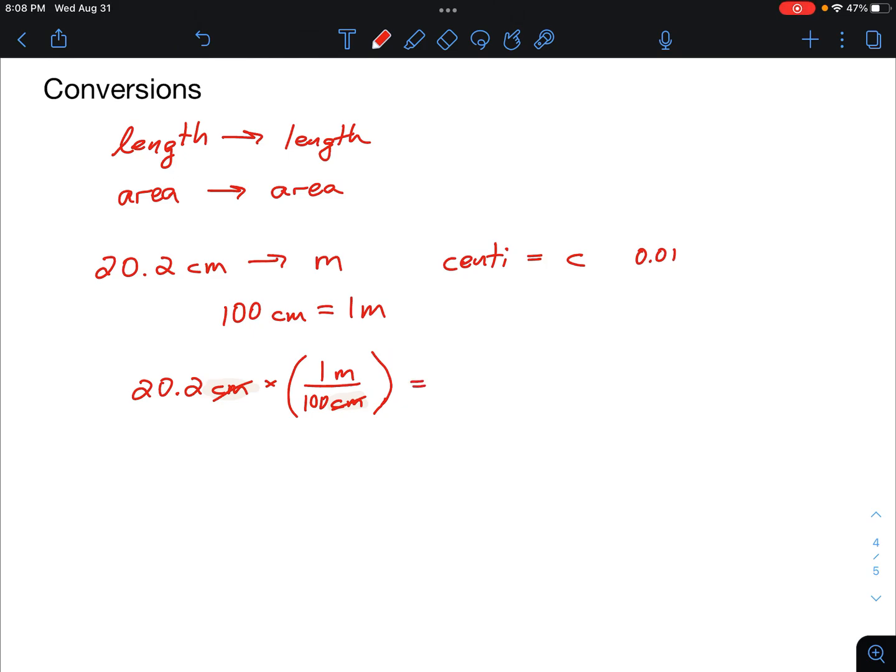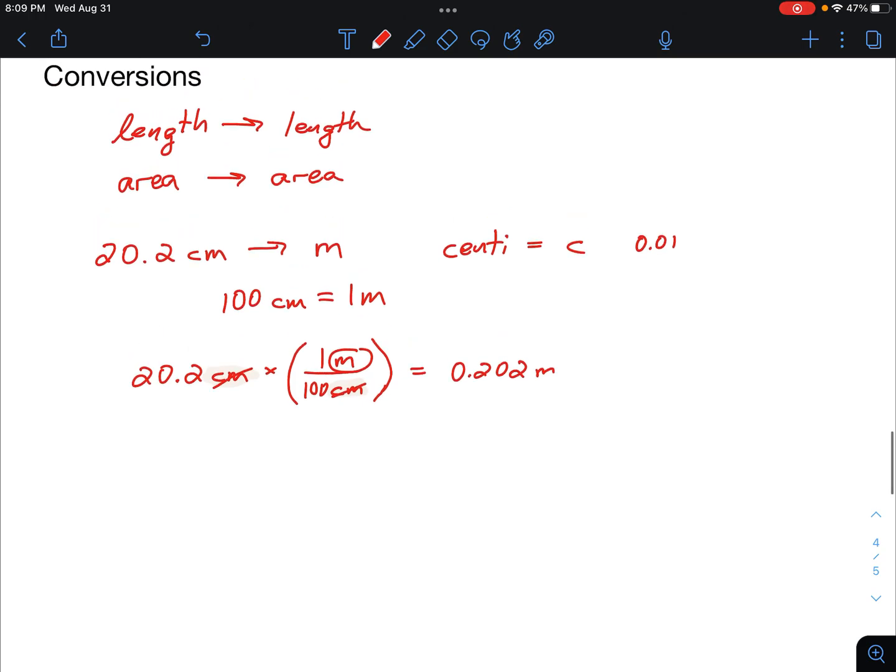And so this is going to give me meters. So the last step is to do the arithmetic. So that is 20.2 divided by 100, which gives me 0.202 meters.